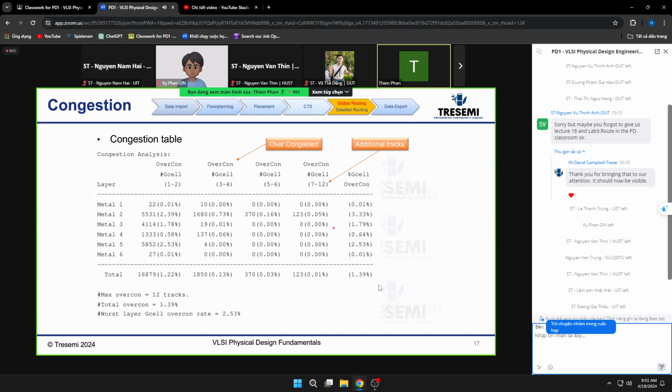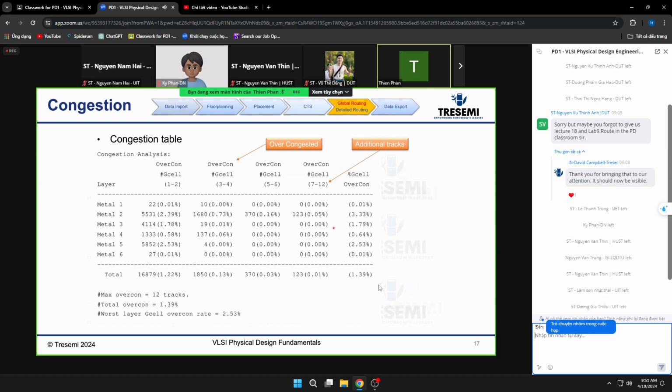Okay, so what do we get when we run through the global route? Usually we look at the congestion. That's how we determine the chance that we're going to be able to route this design.